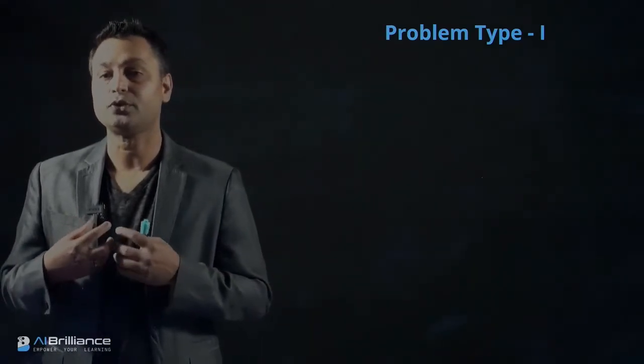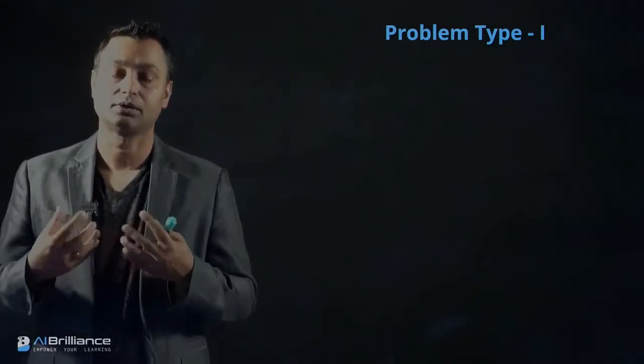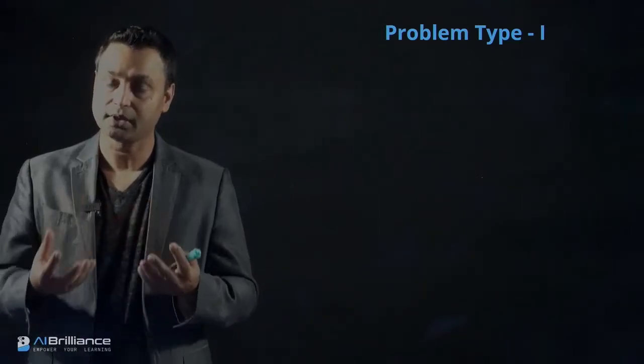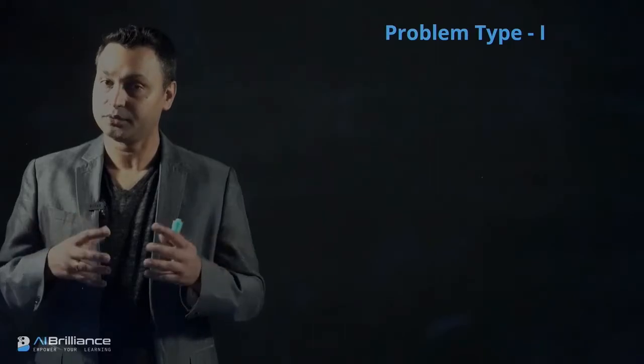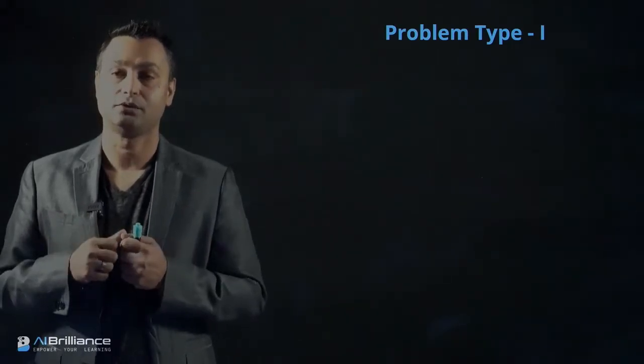Let's focus on the first problem type which you can encounter during any optimization problem. Let me begin by giving you specific examples where I'm going to lay out the objective function and the constraints, and then using the graphical approach that we listed out in the previous class, we will plot all of these things together and see where we end up.